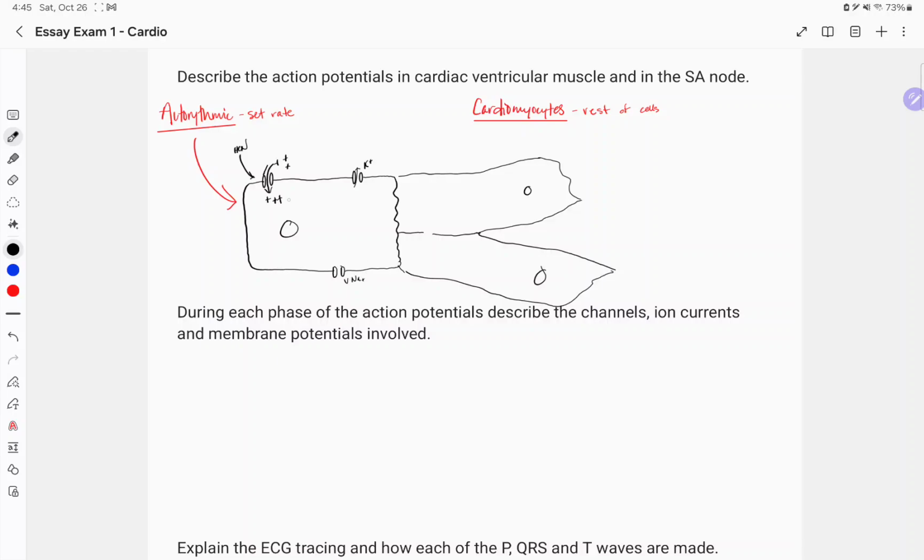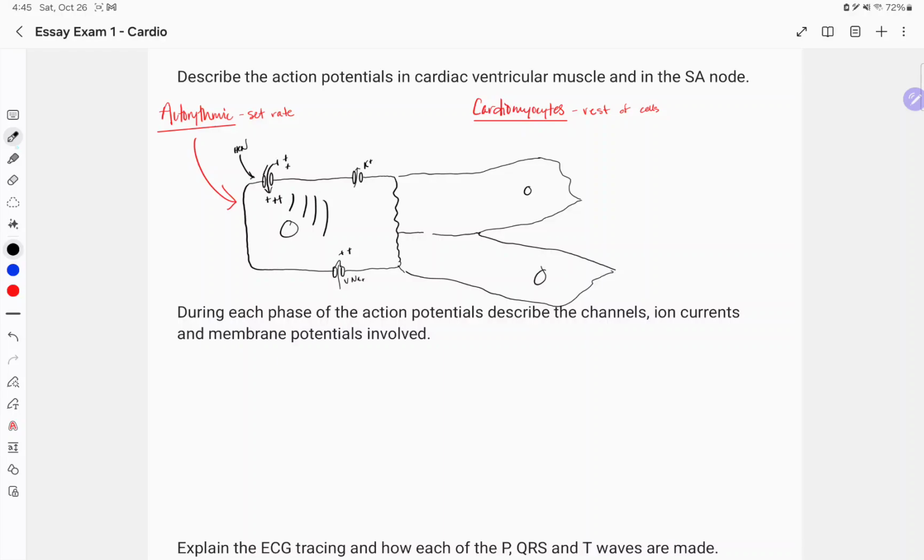So when these positive charges are coming into the cell, that's going to cause the signal to be sent throughout the cell. It's going to depolarize the cell. These voltage gated sodium channels are going to open. We're going to have more positive charges coming in here, and that's just going to depolarize the cell.